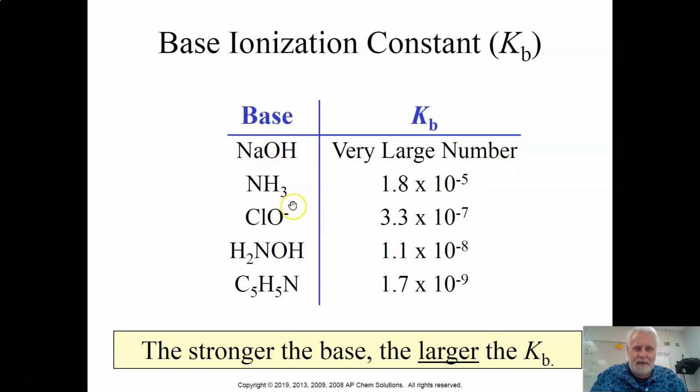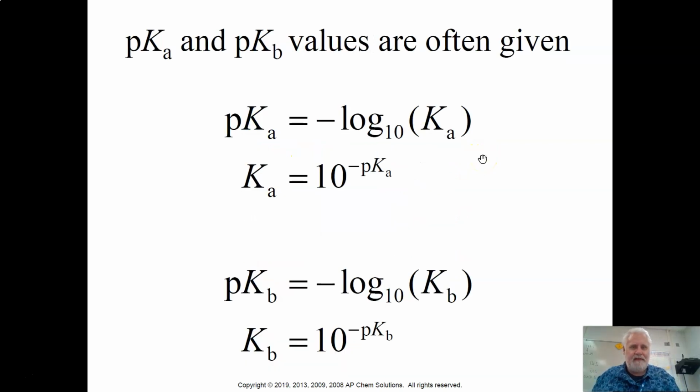Okay, so that's kind of what we're looking at there. And then as we get smaller and smaller, again, you're going to get weaker bases down here. The large numbers mean very strong bases. So those Kb values can be very useful to us.